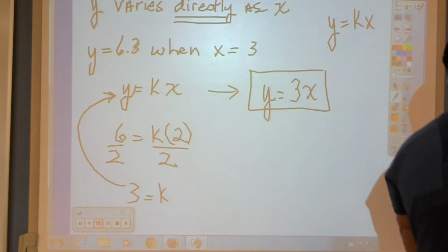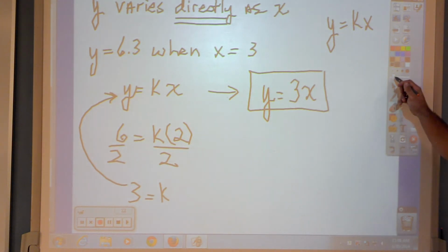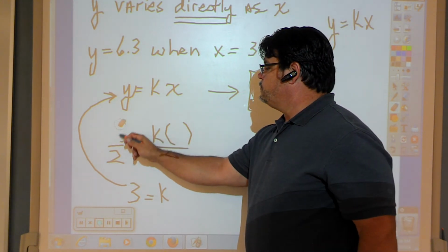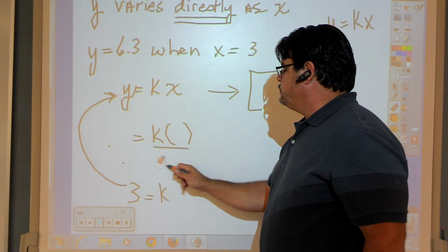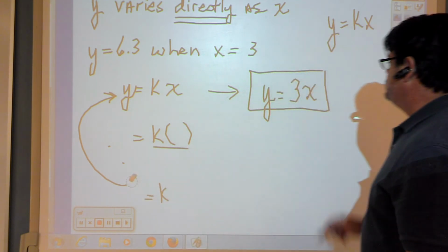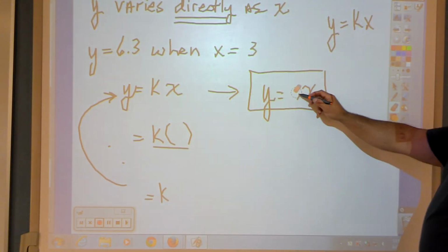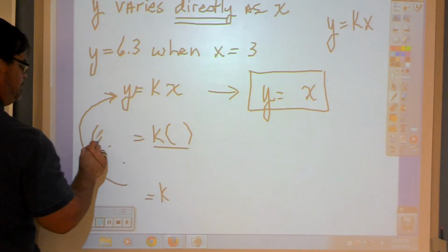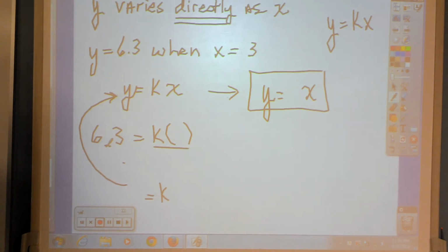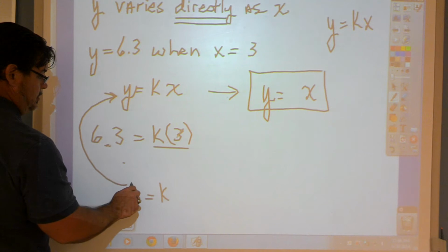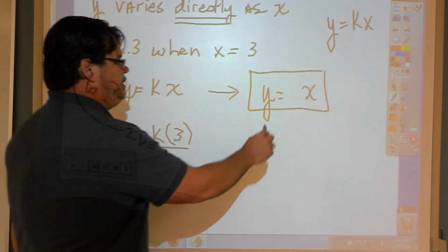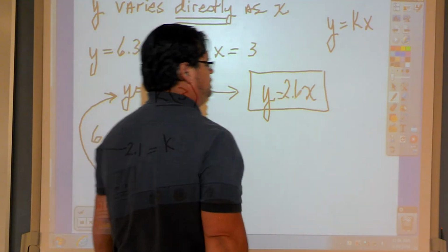So plug and chug and solve. So 6.3 goes here, and 3 goes here. And what is our final answer? 2 point what? Then 2.1.